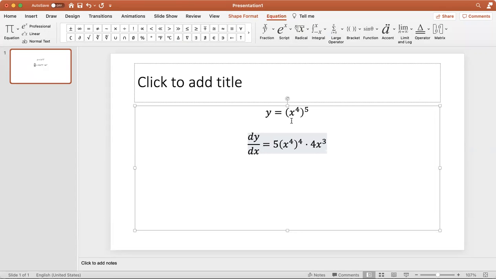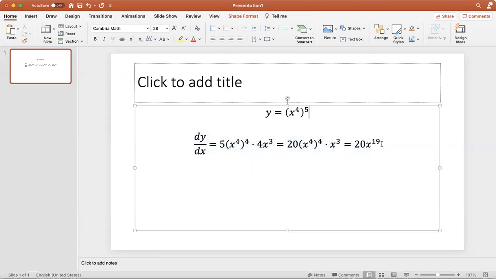Okay, so that's going to be 20 x to the fourth raised to the fourth power times x cubed, right? So you multiply, this becomes x to the 16th power times x to the third power. So that's going to be 20x to the 19th power.